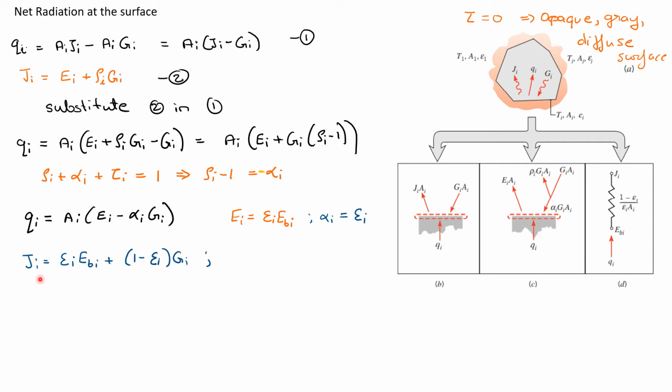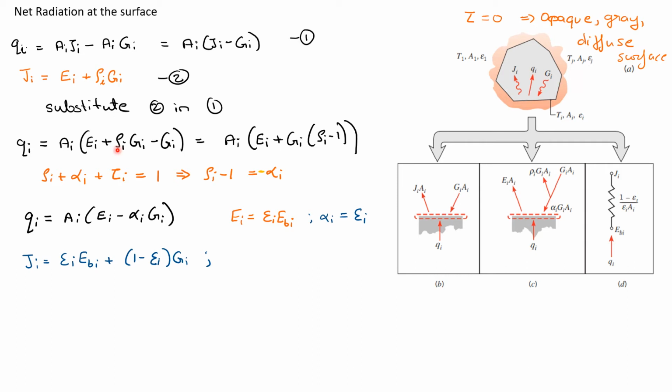So let's substitute that in the radiosity equation, that's equation 2. We get Ji equals epsilon i times Ebi, that's this term right here, plus 1 minus epsilon.